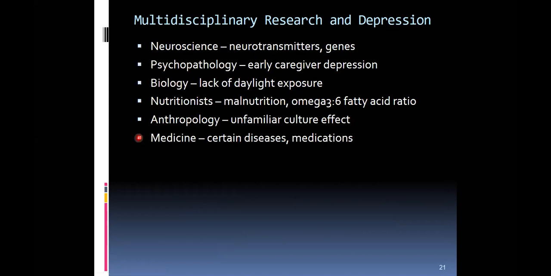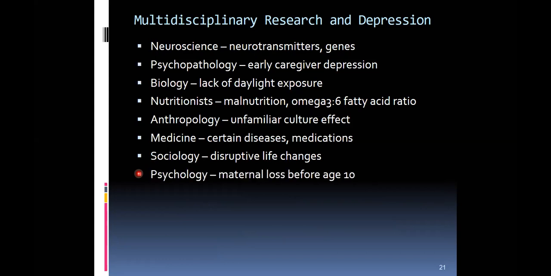And from medicine, we learned that certain diseases, medications, can increase the odds of depression. And now we're also understanding that inflammation can be an important part of what causes depression. Sociologists have noted that people are more likely to become depressed after they've gone through disruptive life changes.